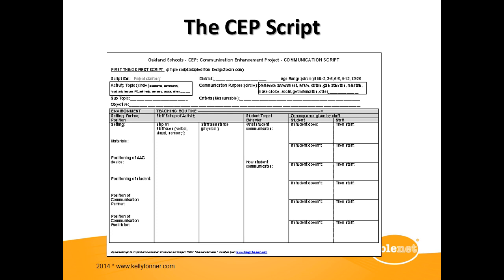And then we look across the script from left to right, setting up the environment piece of it, what's the setting, and this really becomes your lesson plan of using the script, of getting all the people that are interacting with the student on the same page, doing things the same way.